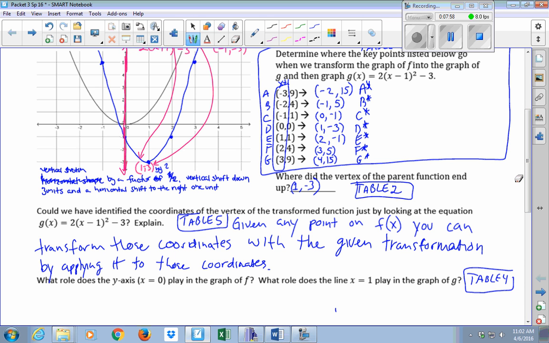The x value of the vertex is the equation for your line of symmetry. Notice the vertex right here is 0, 0, and our line of symmetry is x equals 0, which goes right through it. So this is the line of symmetry for our parent function, for f.